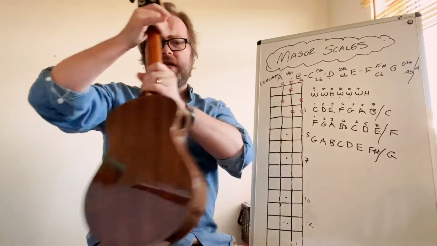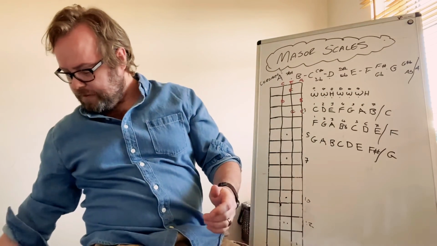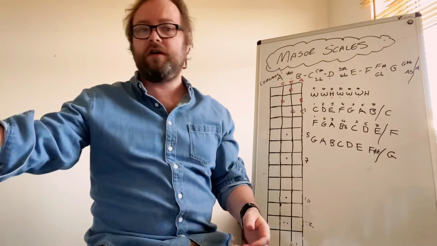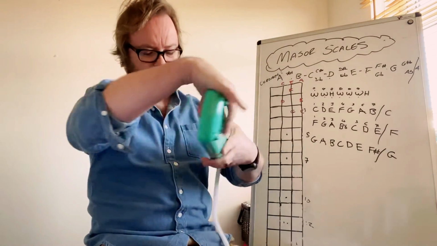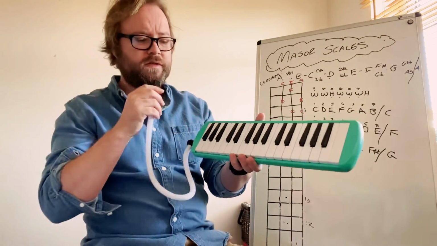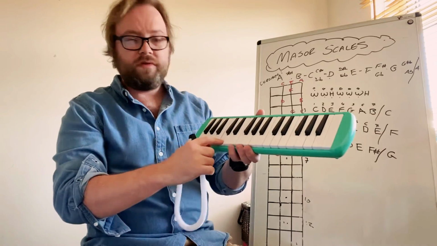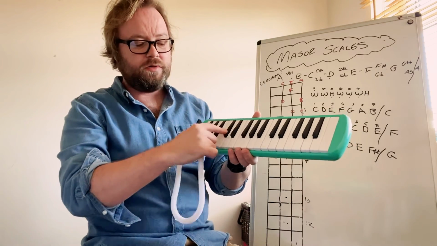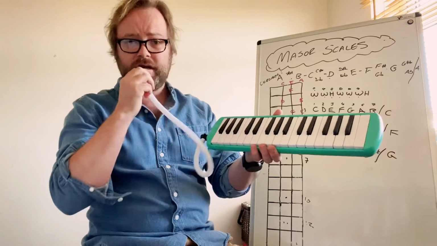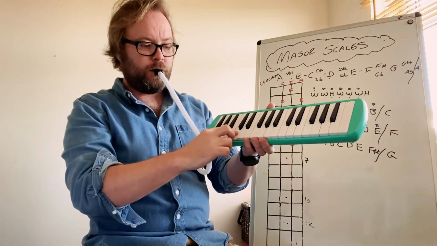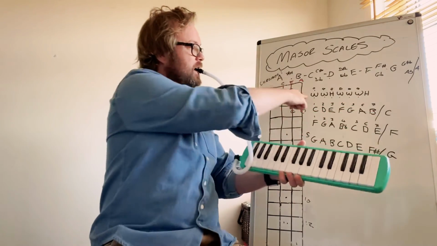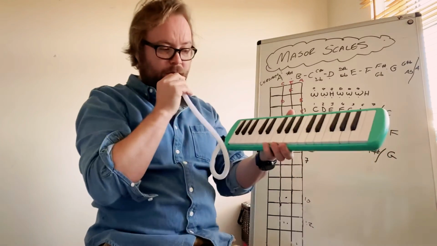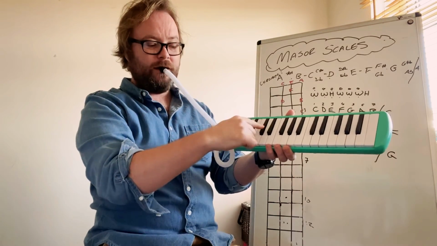Now, just for a second before we play that on the ukulele, let me show you what that looks like on the keyboard. Sometimes it really helps to visualize it. So I'm going to explain about the whole and half steps as we go. So we start with C. And we apply a whole step, which means two movements.